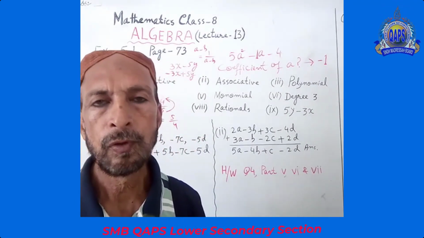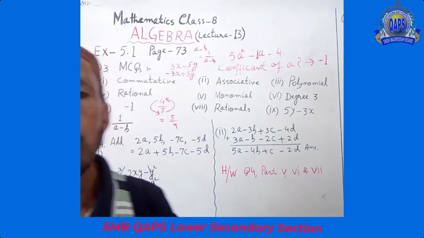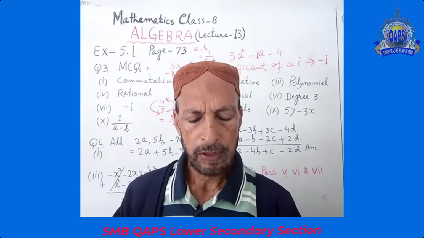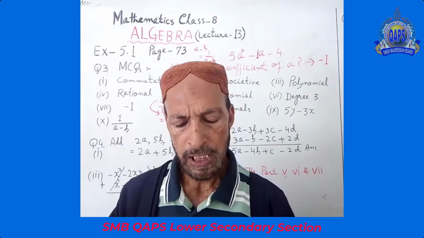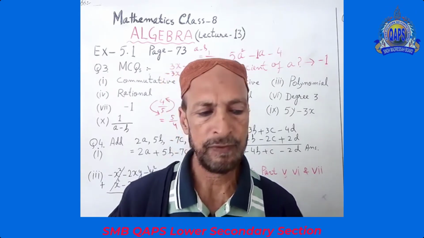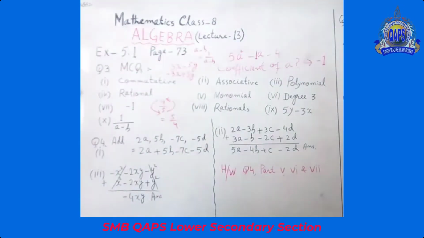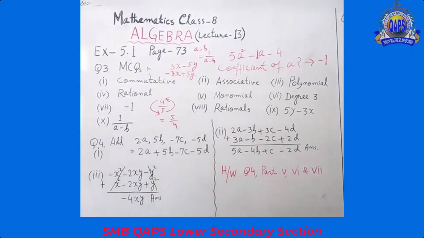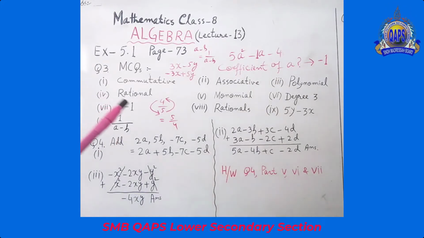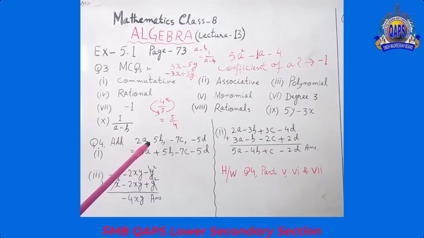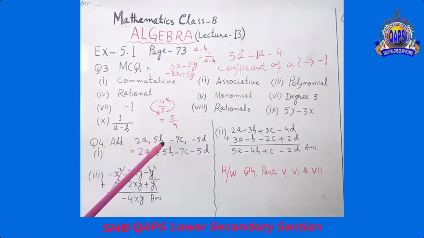And now I will have to begin question number 4, addition. 5b minus 7c minus 5d.